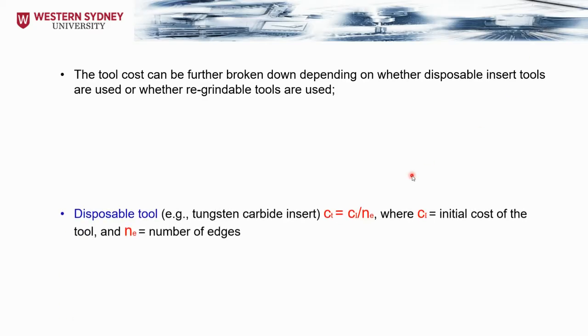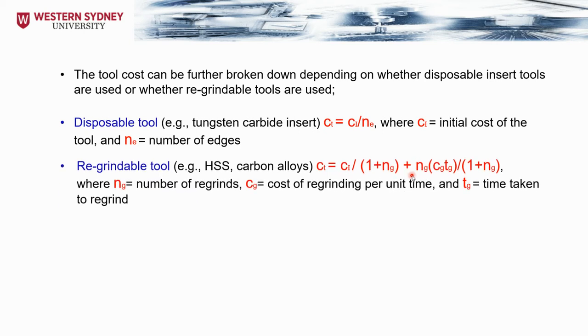Okay, so we said that for regrindable tool, we're going to have an extended equation to calculate the tool life. Now, once again, it's going to be the initial cost of the tool divided by 1 plus NG, which is the number of the edges we have, how many times we can regrind the tool, plus 1, because we're always going to have a fresh cutting edge when we buy the tool.